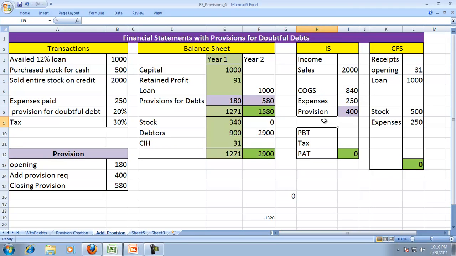So let us put one more item, that is interest. Interest is an expense because of the accrual concept, so 1,000 into 0.12.